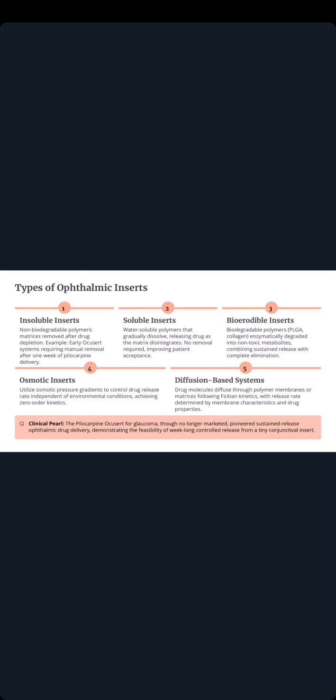It was the first sustained release ophthalmic drug delivery system, a 1 week controlled release system, but because you need to remove it manually, it doesn't exist anymore. These are the different types. Actually, students, 1, 2, and 3 are more questionable.